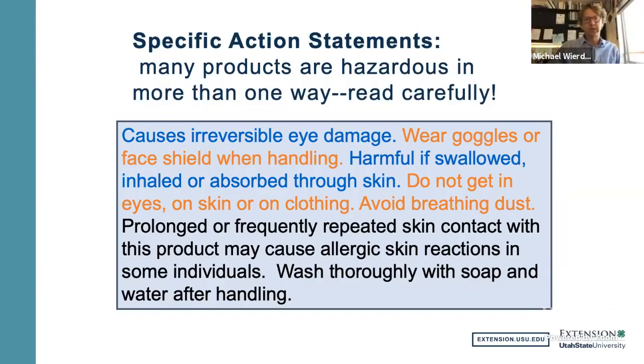The user must wear goggles and a face shield when handling, is stating the protective action that can be taken. This example lists several other hazards and protective actions that can be taken. I want to emphasize how important this section is for assisting the applicator in understanding the specific hazards the product poses.